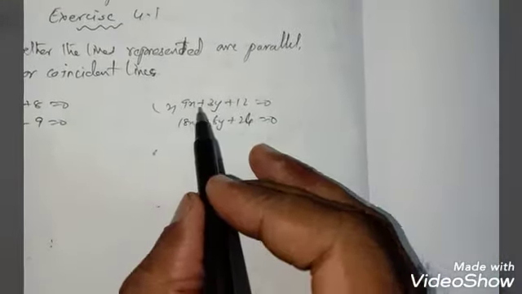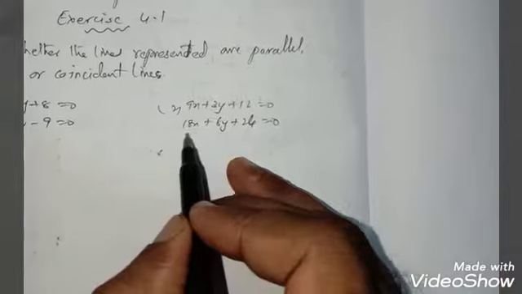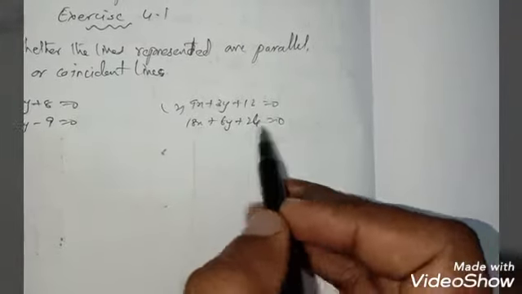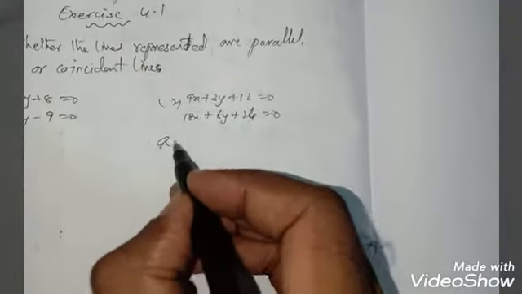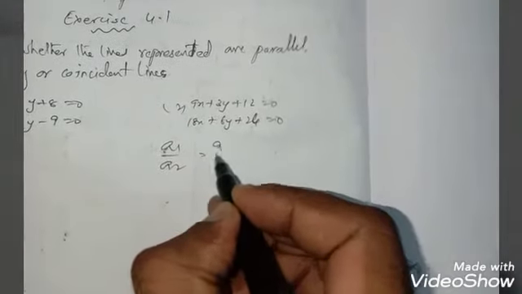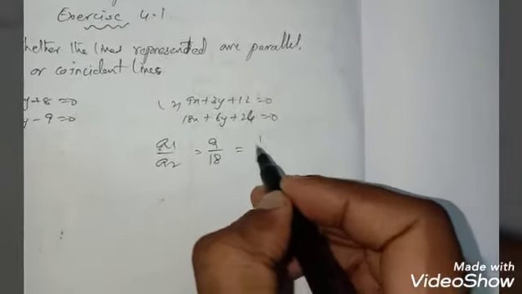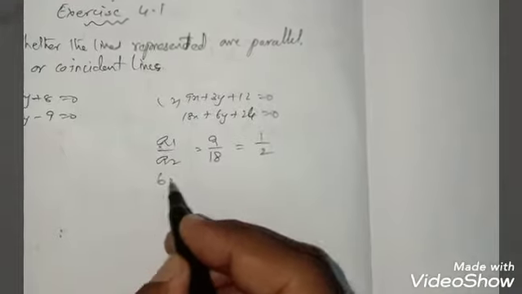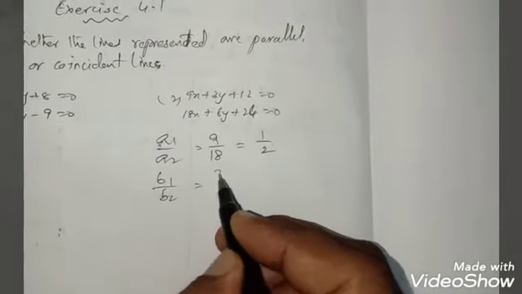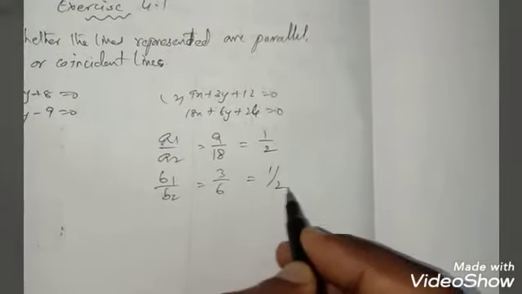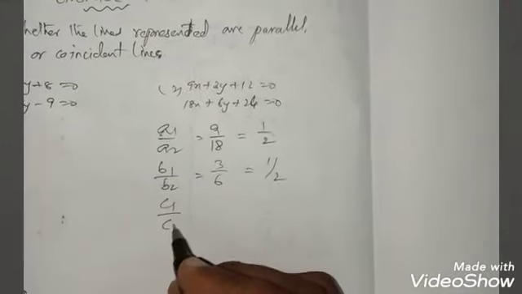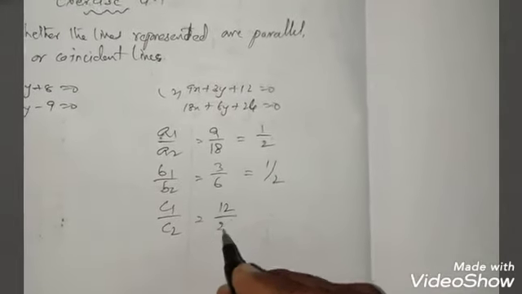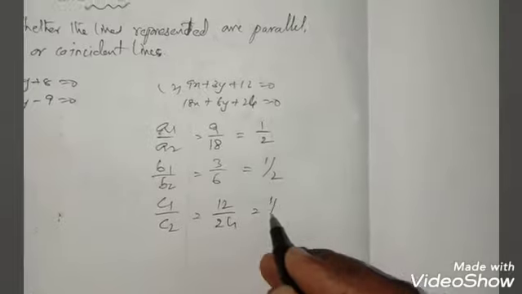Right? Next, coming to the second equation, that is 9x plus 3y plus 12 is equal to 0 and 18x plus 6y plus 24 equal to 0. Now if I show its ratio, that is a1 by a2, that is 9 by 18, I can write as 1 by 2. That is b1 by b2, next one is 3 by 6, which again I can write as 1 by 2. Next c1 by c2, that is 12 by 24, again written as 1 by 2.